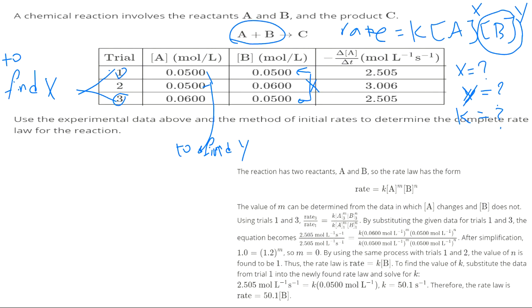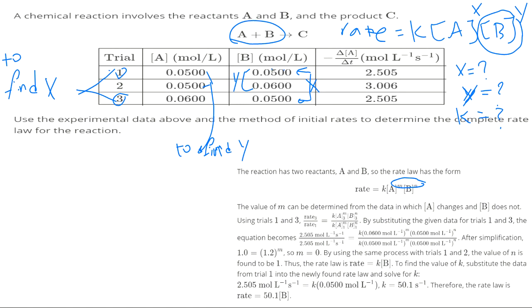So we are using this to find the value for Y. Here it is M and N, it's the same thing. As long as you understand the justification for using reactions 1 and 3 to find the exponent for A, which could be X or M, it doesn't matter, but the concentration for B should stay constant. That's why we are using 1 and 3.